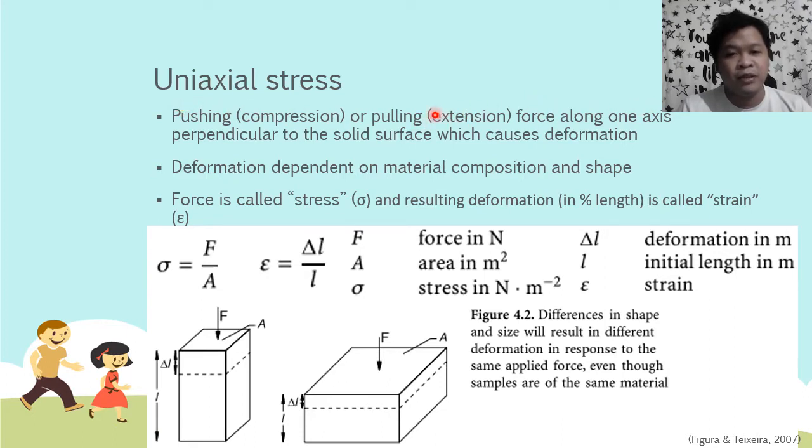This could be a push or a pull, and it would cause a deformation on the material, and that type of deformation would depend on the material type as well.